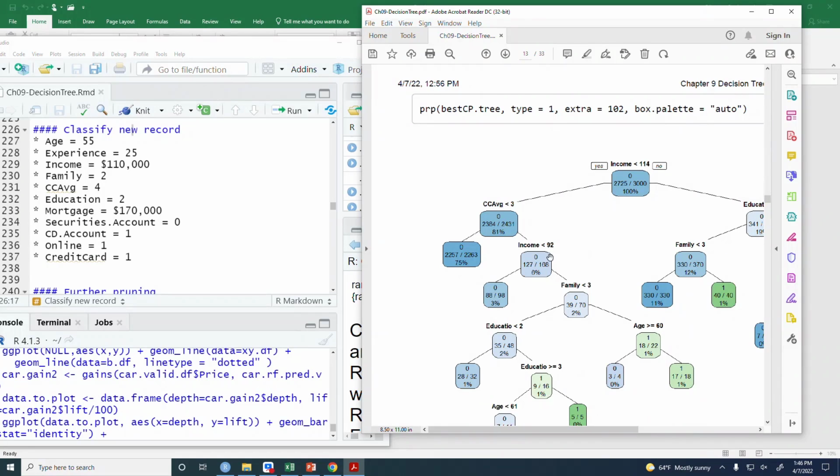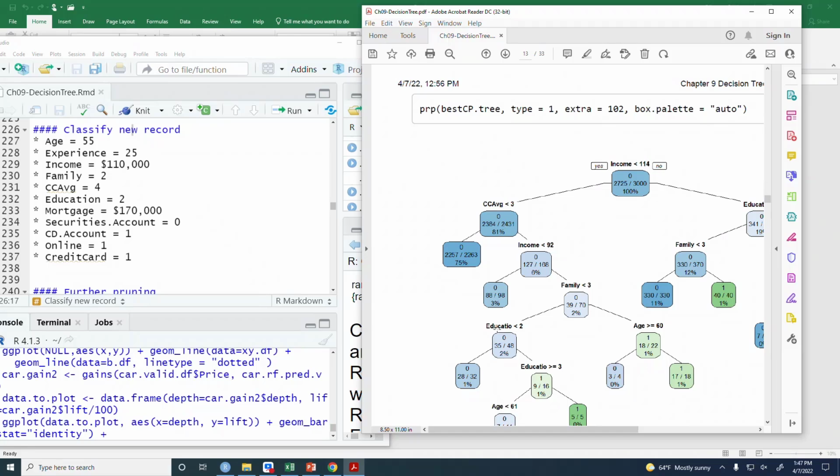Income less than 92 goes to the left side, greater than or equal to 92 on the right side. The income being 110,000, you go to the right side. Then you have family. Family is 2. So less than 3 goes this way. So that's the path you have to take.